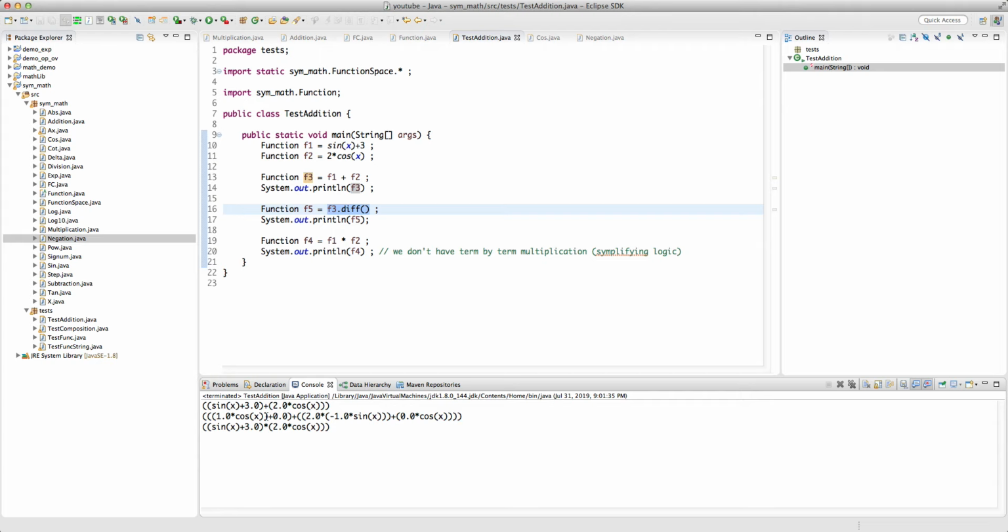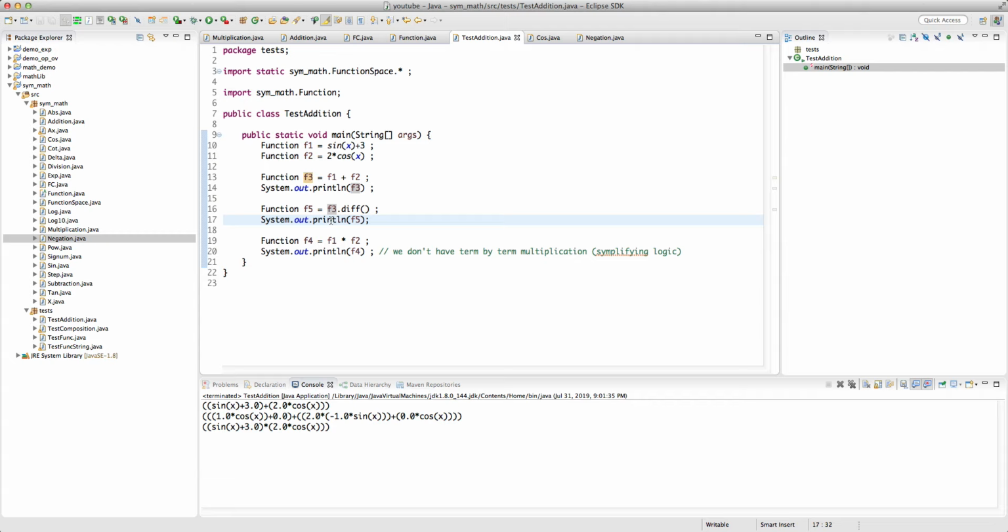So it's basically cosine minus 2 sine. That's the diff.